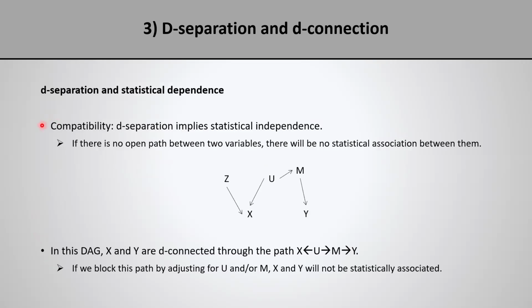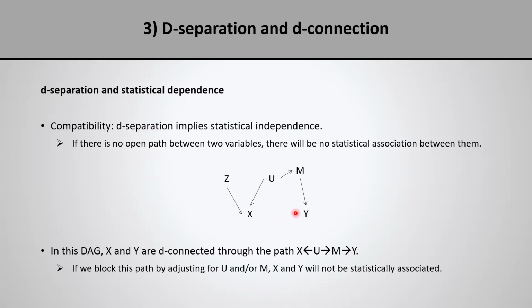What is compatibility? Compatibility means that if we have d-separation, we have statistical independence. In other words, if there is no open path between two variables, there will be no statistical association between them. So in our example here, we have x and y, and x and y are d-connected through the path x, u, m, and y.